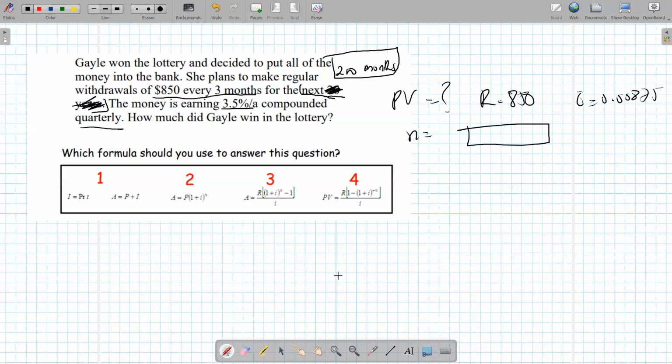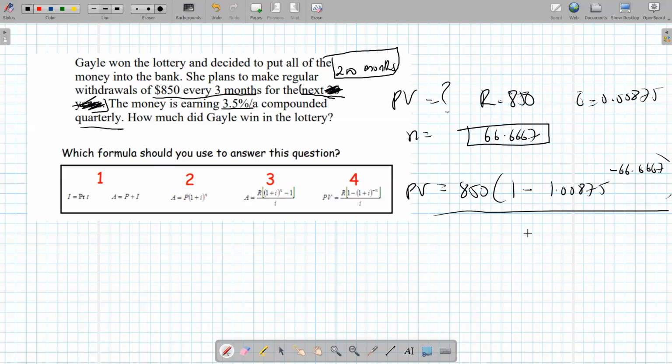Gives you something like 66.6667, right? So we have present value equals 850. And then we have 1 minus 1.00875 to the power of negative this, all over 0.00875.